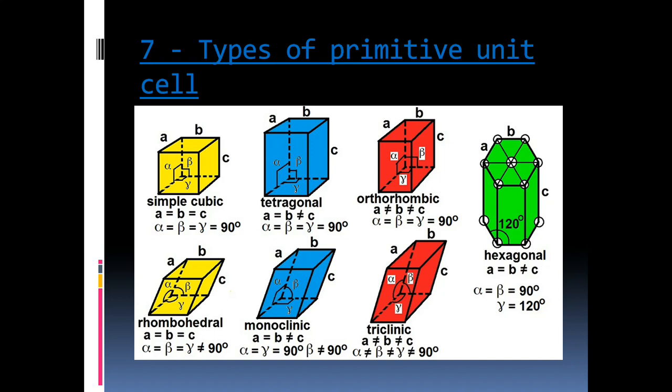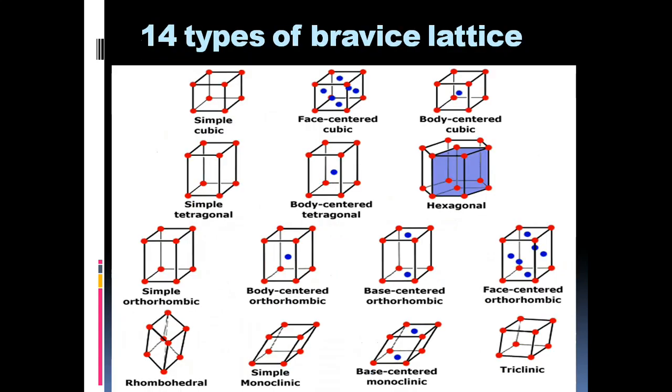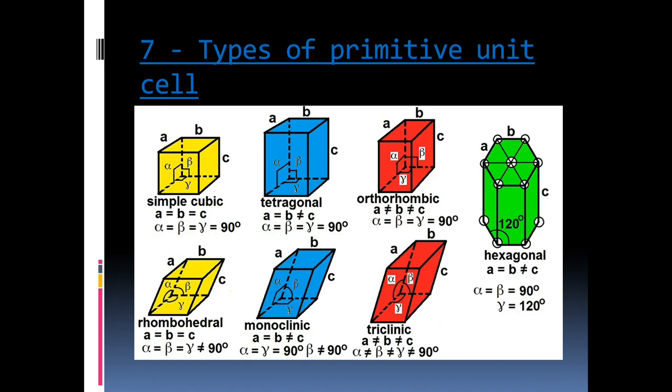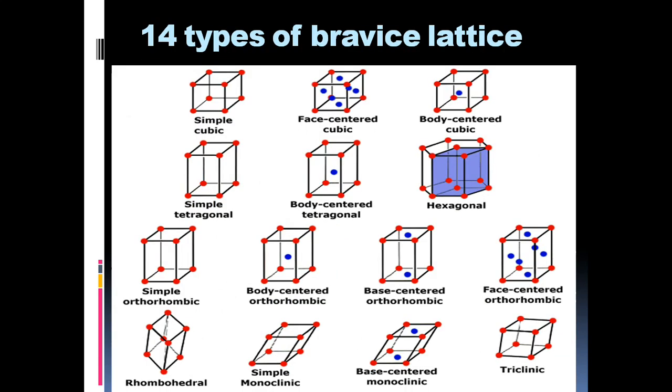So the 7 types can exist in 14 types of Bravais lattice. The first one here is simple cube, A is equal to B is equal to C, alpha, beta, gamma is equal to 90 degree. This cubic type can exist as simple cube, FCC type and BCC type. So the first one belongs to simple cubic type where alpha, beta, gamma is 90 degree, A is equal to B is equal to C.